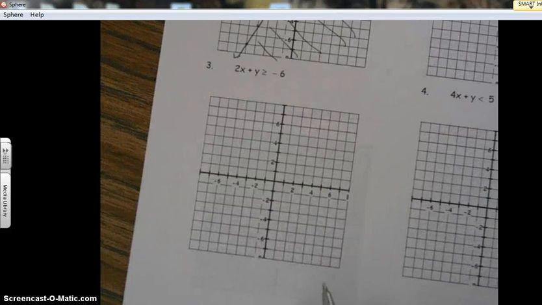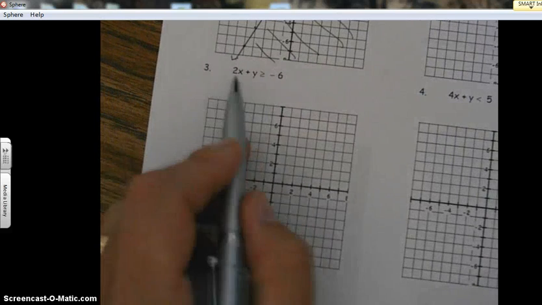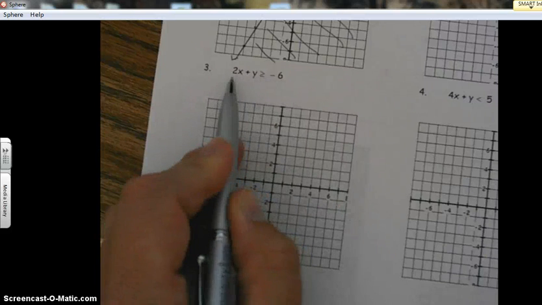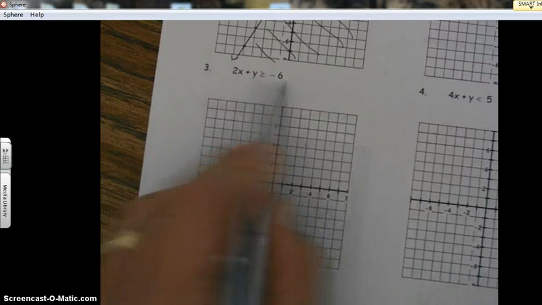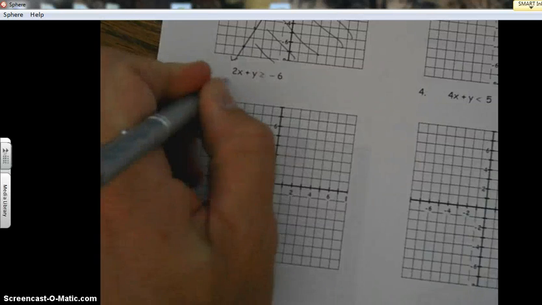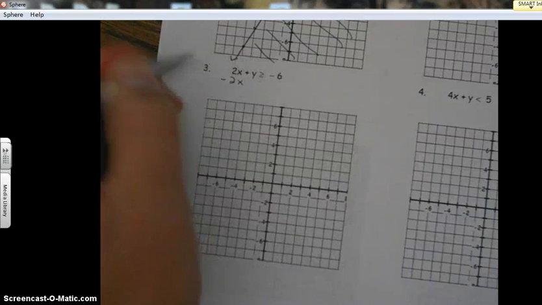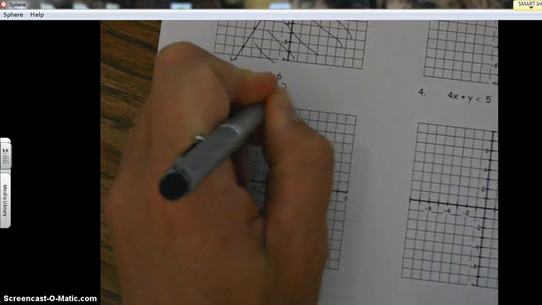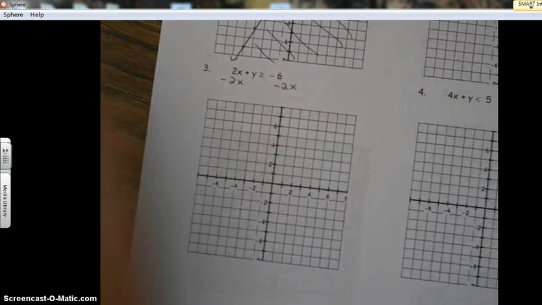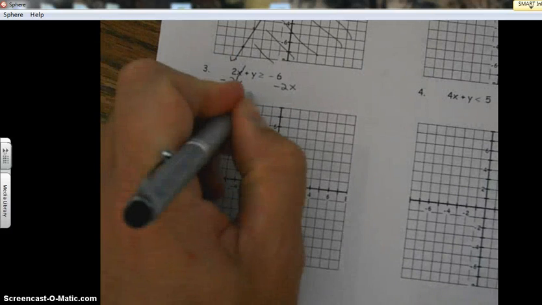Okay, number 3. So for number 3, notice that we are not in easy graphing form. We're in standard form. So we're going to have to do a little manipulating to get it into slope-intercept form.